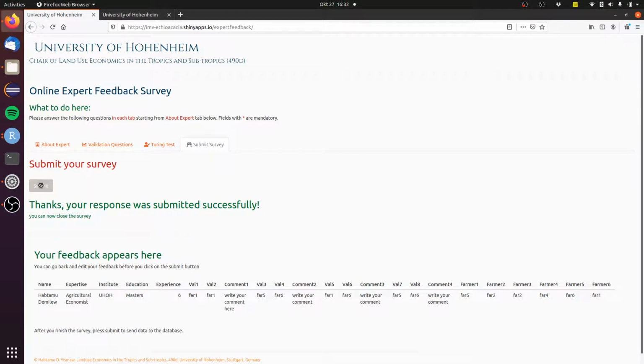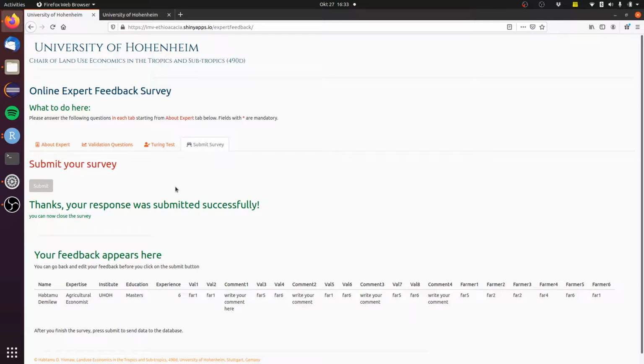If you are not able to submit, for example, if you get something like this, that means you have not filled something in the questions that you are supposed to fill. So you should go back, fill the questions, and finally submit it.